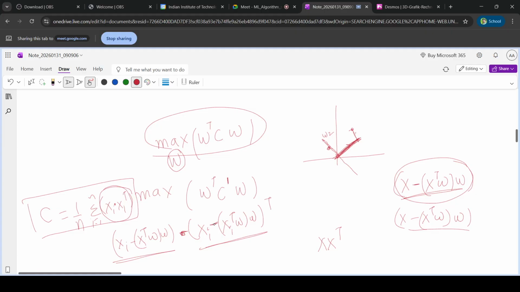So here you are doing the same calculation, but you are checking the points as xi minus xi transpose w into w. Earlier your point was simply x, but now your point is this error, because earlier you said xi is a good point and you cannot discard this x point. You don't want to discard this point, correct? You are taking all the points, but for the next w eigenvector calculation you are considering this as 1 point now.